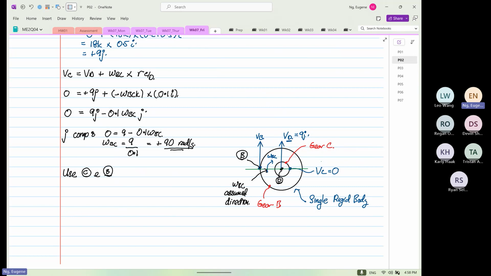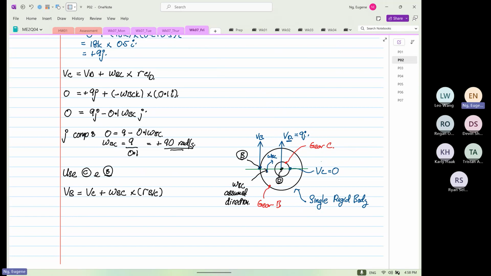Okay, so we want to find what is our VB. This will be equal to our VC plus omega BC cross R point B from C. Okay.